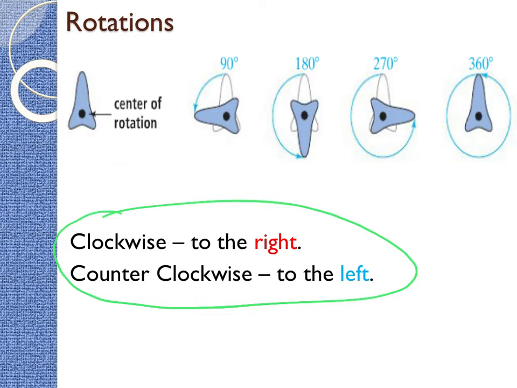If it does not specify, we go counterclockwise. So if it doesn't tell you, you go counterclockwise. So it just shows you we took this shape and we continue to rotate it to 360, gave us the full circle.